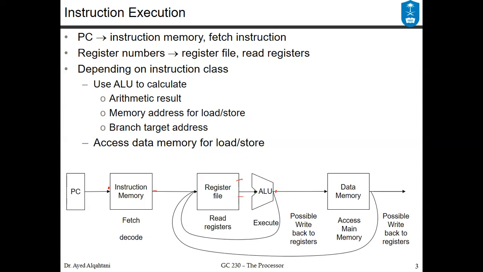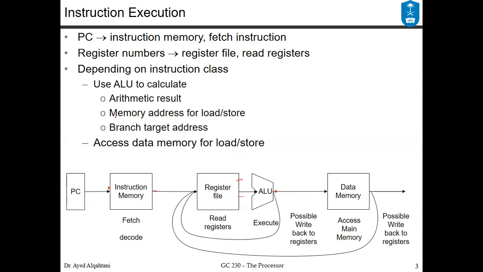Now at this point, for the arithmetic instructions, we could write back the result into the register file. So there is a possible write back to registers at this point.